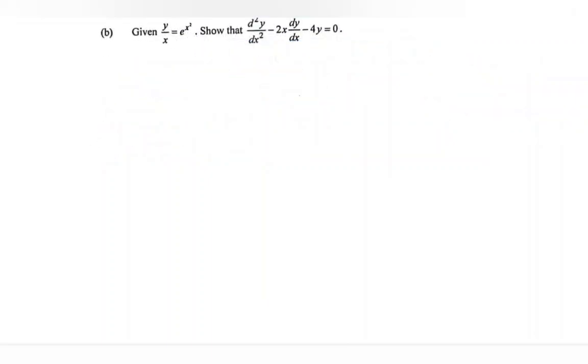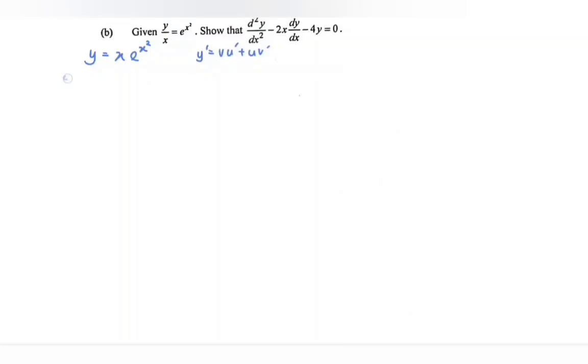Kindly refer to part b. Given y over x equals e to the power x squared. The question asks us to show the situation given. My suggestion is to rewrite it so that y equals x multiplied with e to the power x squared. Let's begin with the product rule: y prime equals v u prime plus u v prime.